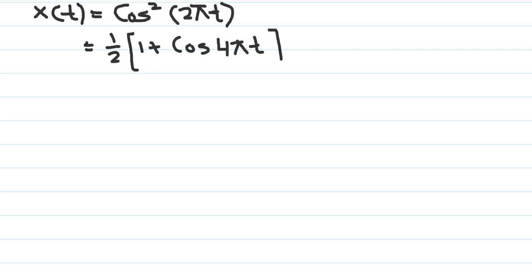I assume you know about it: half of 1 plus cosine of 2 times alpha, whatever angle you have. So it will become 4 pi t here.